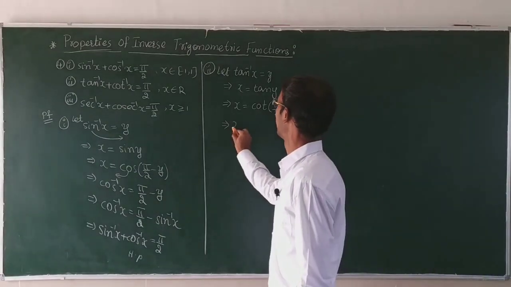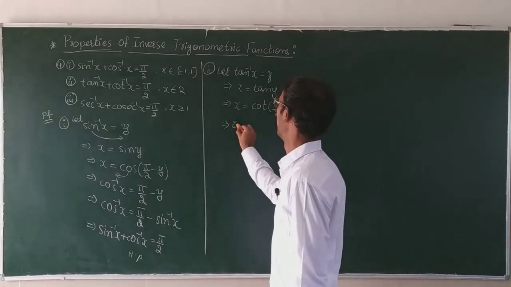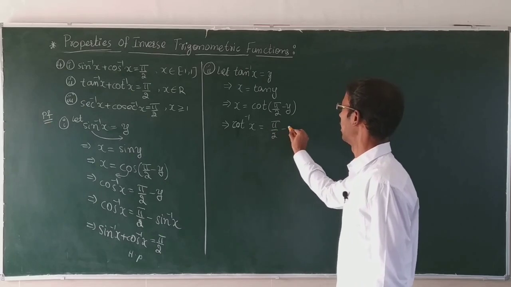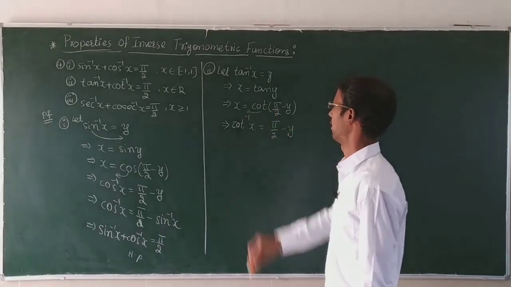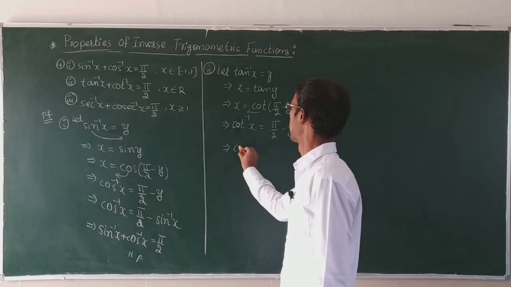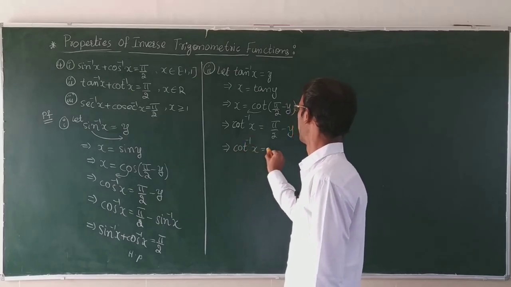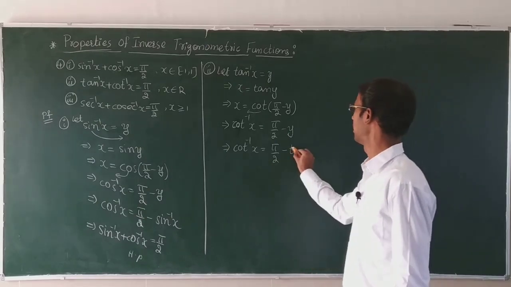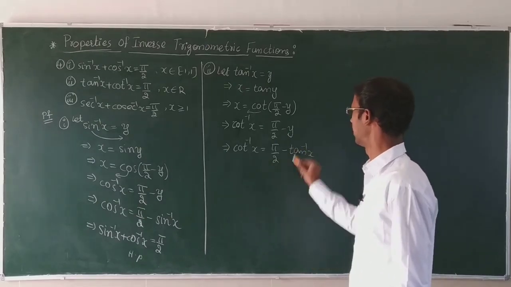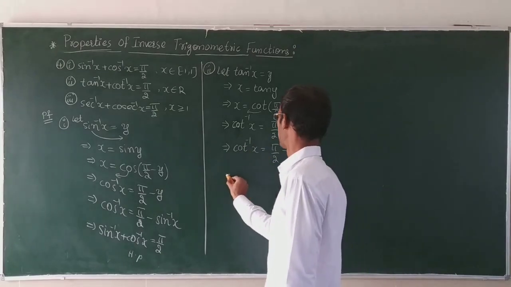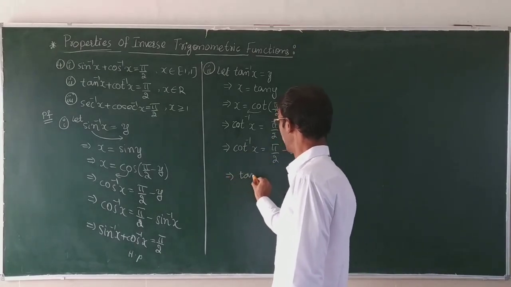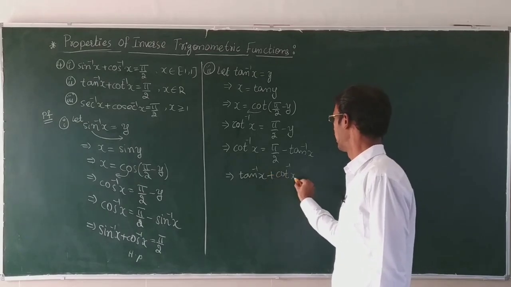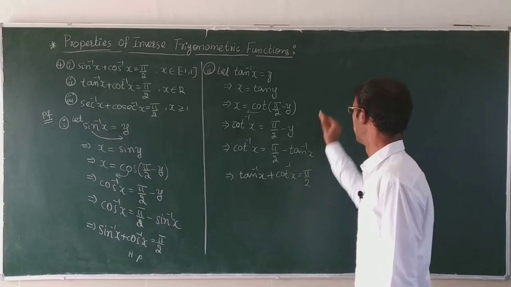This implies cot inverse x is equal to pi by 2 minus y. Y is tan inverse x. Interchange these two: tan inverse x plus cot inverse x is equal to pi by 2.